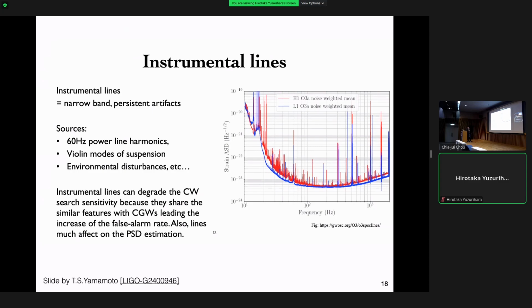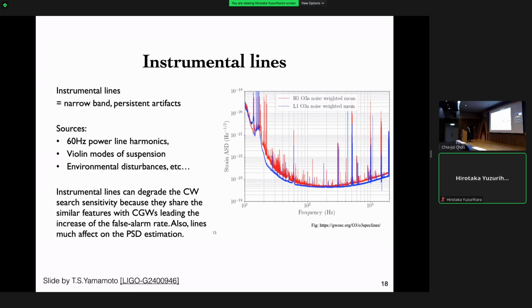One is the 60 Hz power line and its harmonics. The right figure shows the LIGO O3A amplitude ASD, and you can see many spike-like structures, sometimes called a comb. Several sources are already identified, but several line noise causes are still unclear.